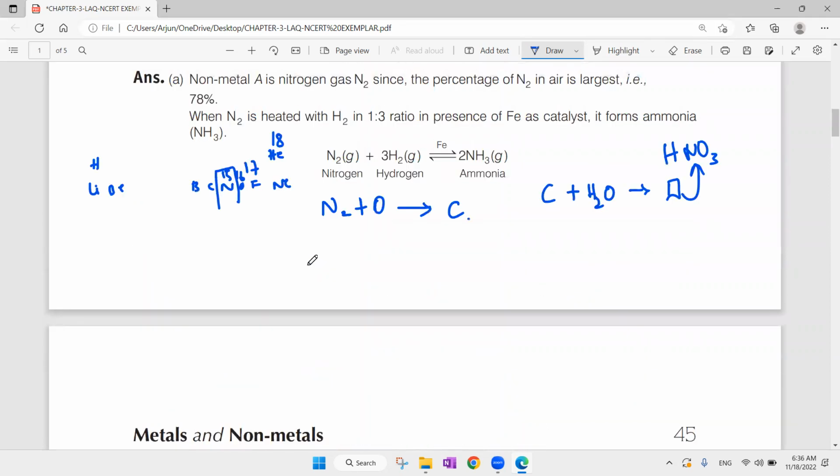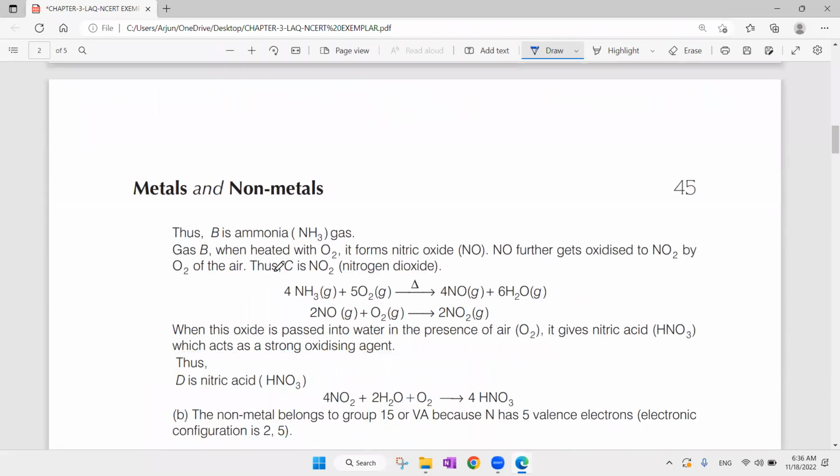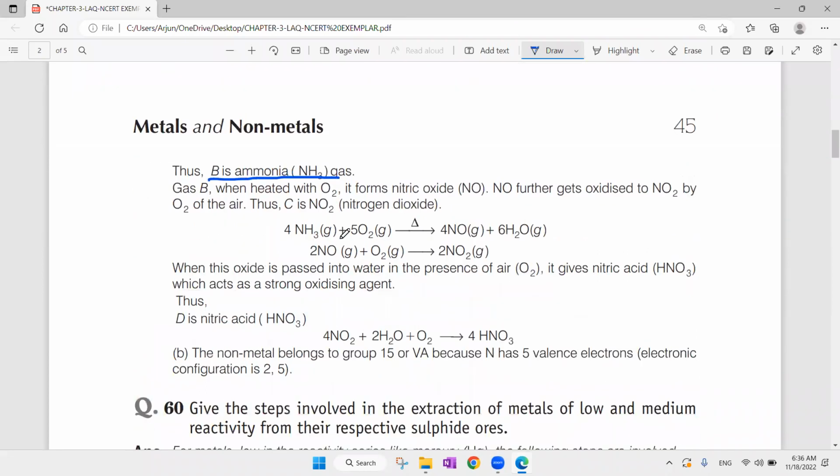So here, non-metal A is nitrogen gas. After writing this, underline this, and after writing this equation, you got B. B is ammonia, underline this. Then when that nitrogen is heated with oxygen, it forms nitrogen dioxide. So C is NO2, nitrogen dioxide.